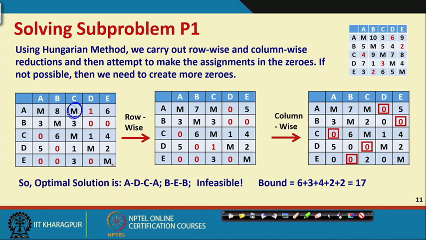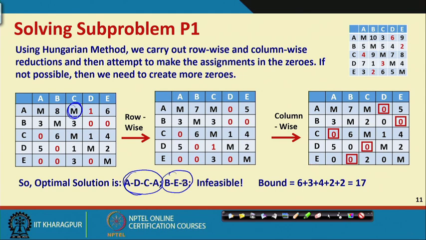Because a 0 has become M, so we put it like this and we see a solution has been obtained once again. What is that solution? A to D, D to C, C to A. So, again a subtour is there, A to D, D to C, C to A and B to E, E to B. So, these are the two subtours.